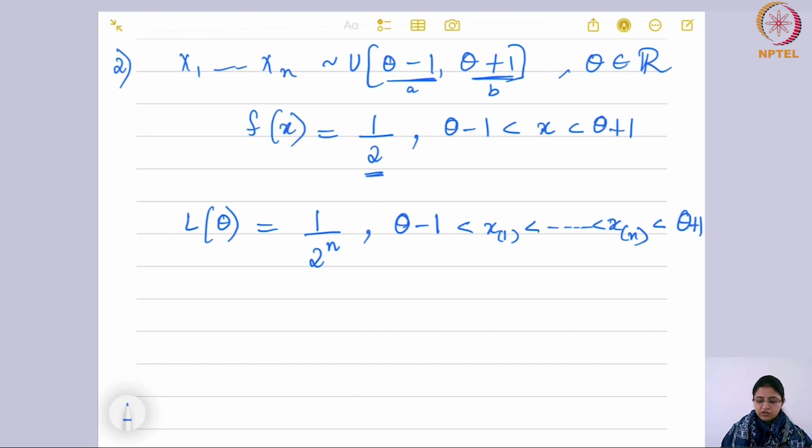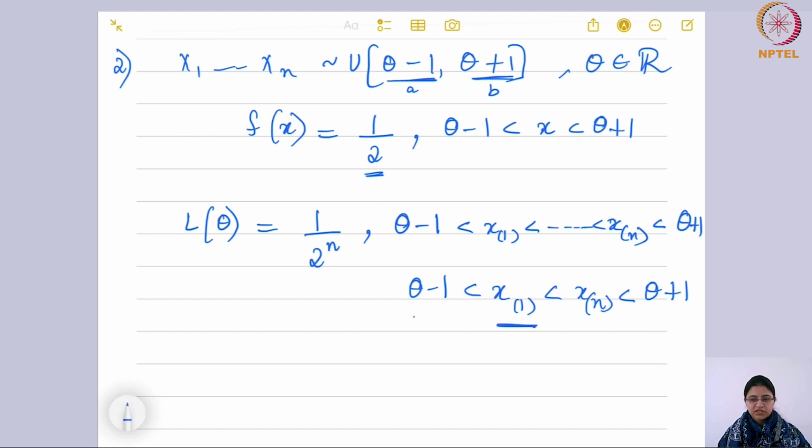This is equivalent to saying that X_(1) is greater than theta minus 1 and X_(n) is less than or equal to theta plus 1. This is essential, because if the smallest is greater than theta minus 1 and the largest is less than theta plus 1, the rest of the observations would lie in between these two.